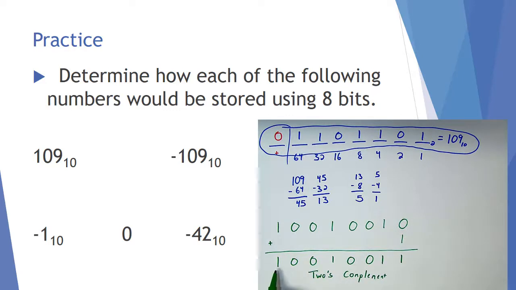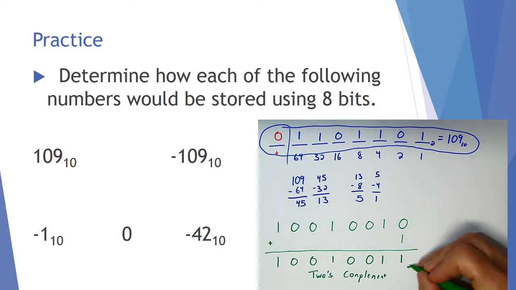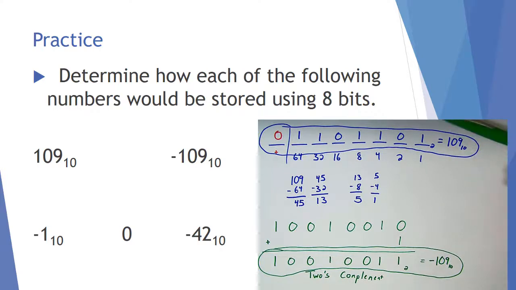This is a negative number since the sign bit is now changed, and because that is the 2's complement of 109, that means that that is negative 109. Now before we leave that, what would we get if we added those two 8-bit binary numbers? Well, if we added those together, and you can check it yourself, those would add up to 0 because 109 plus negative 109 is 0.